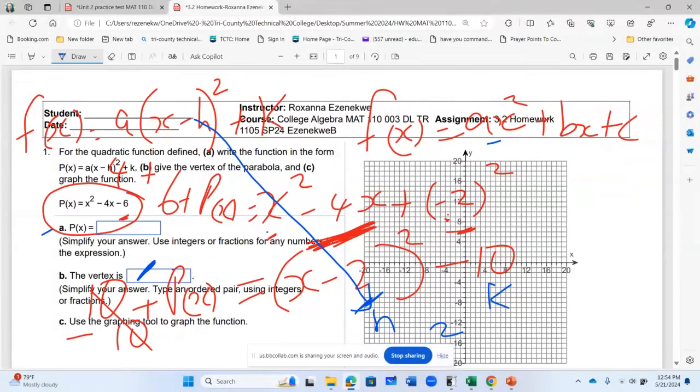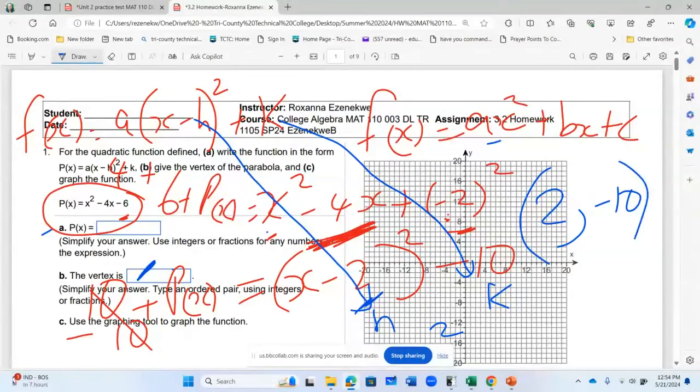K, look at k. It had a positive there. Therefore, actually, the value of k is negative 10. So the vertex of this parabola is (2, negative 10). The same thing as what we had in our calculator.